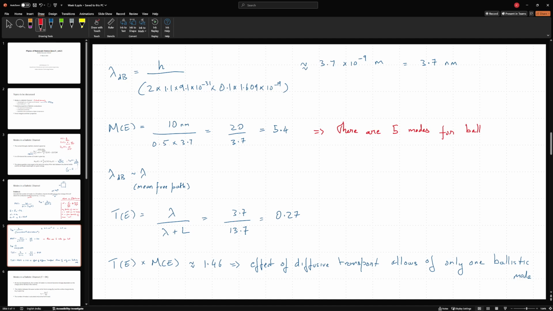So this should also give us an idea, if I know the rough energy of the electrons moving through the channel, as to what is the proper width, so that I have enough width and length dimensions of the channel such that I have the possibility of ballistic transport as opposed to diffusive transport.